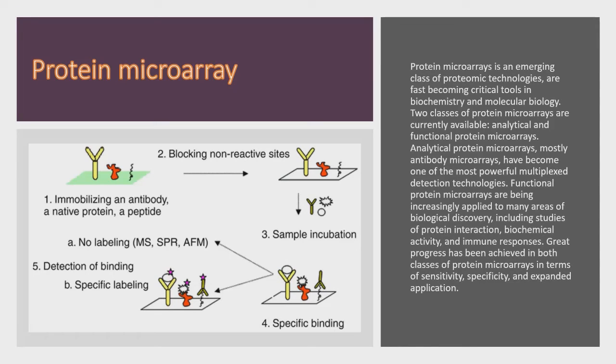Protein microarrays. Protein microarrays are used to determine the function of proteins as well as to monitor their interactions. The structure of the array allows numerous proteins to be tracked in parallel. Protein microarrays were developed by utilizing the technology of DNA microarrays, which are commonly used to analyze gene expression.